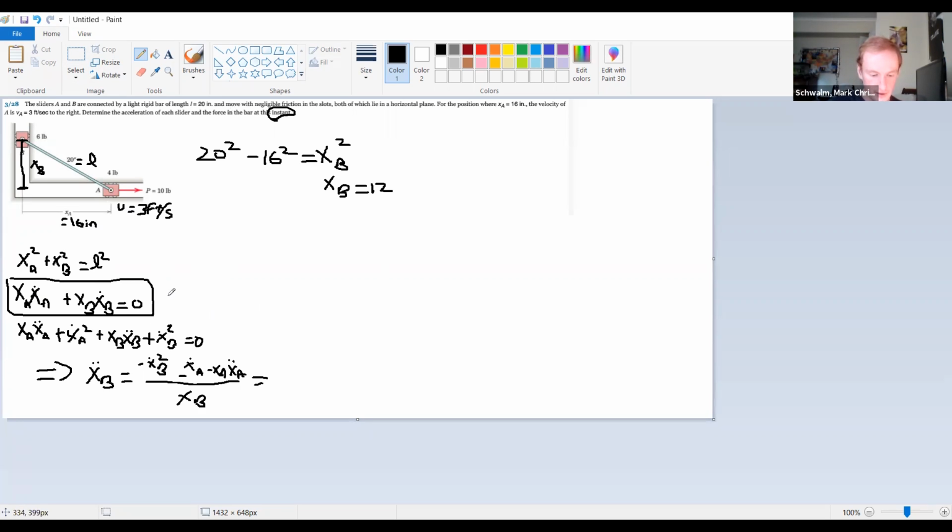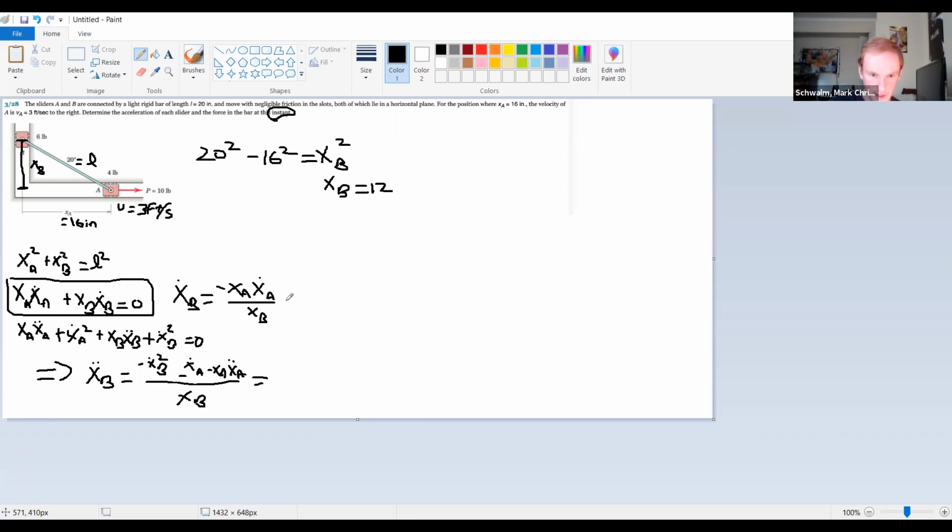So we can rearrange this to solve for x dot b. That's equal to x dot a. We have both of these, and since we have the 3, 4 triangle relationship, we also solve for x b.